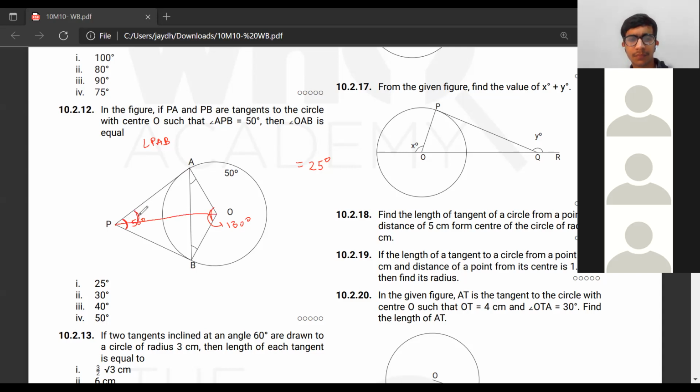And then I found out POB, which is 65 degrees. So angle AOB will be 130 degrees. Yeah, perfect. And then you apply the angle sum property and that's all, right?